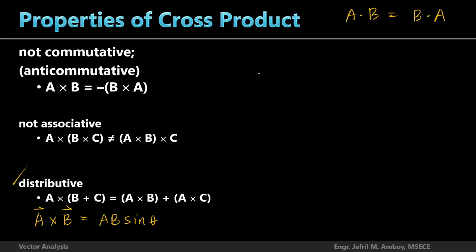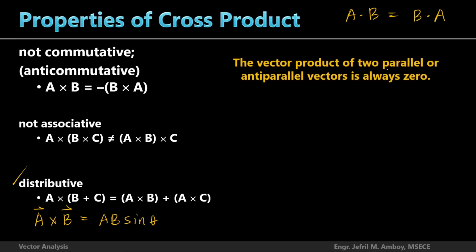The angle between them is 180 degrees and the sine of 180 is also 0. Therefore, the vector product of two parallel or antiparallel vectors is always 0. Remember this. Another way of saying this is that two vectors are parallel or antiparallel if and only if their vector product is 0.